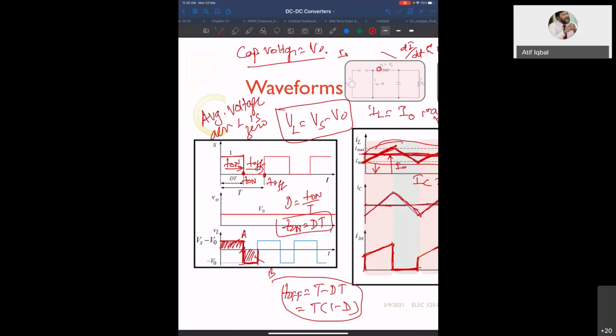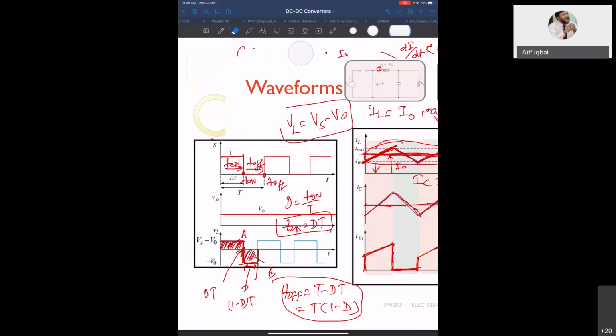So this time from here to here is DT, and this time from here to here is 1 minus D into T. Now the area of the positive curve should be equal to the area of the negative curve. So let us find the area of the positive and negative parts. The positive area is this voltage times this time.